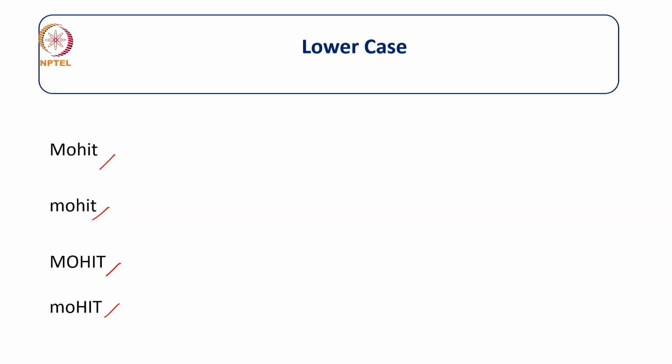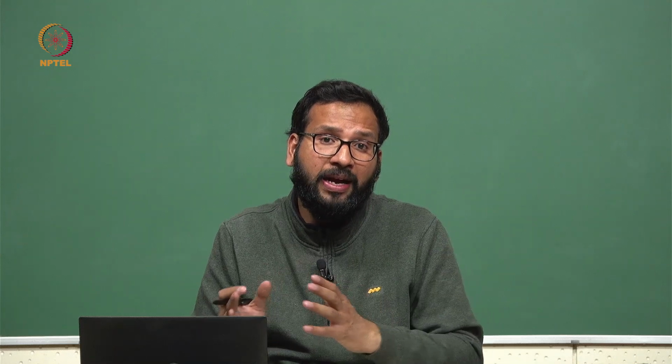But they are written in different ways. Here one has a capital letter, then all lowercase, then all uppercase, and then a mix of lowercase and uppercase. So we need to standardize these words to a single form.